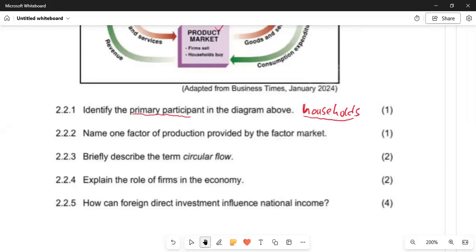2.25. Now we are to move on to 2.3. We are on question 2.3 that we are to attend.